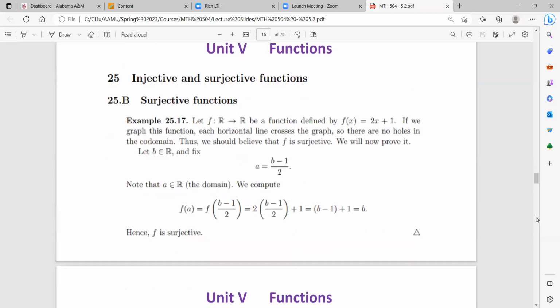Okay. Let's look at some more examples. Suppose we define a function f from R to R by the rule f of x equals 2x plus 1. If you graph the function, you will easily see that each horizontal line crosses the graph. So the function is onto. There are no holes in the codomain.